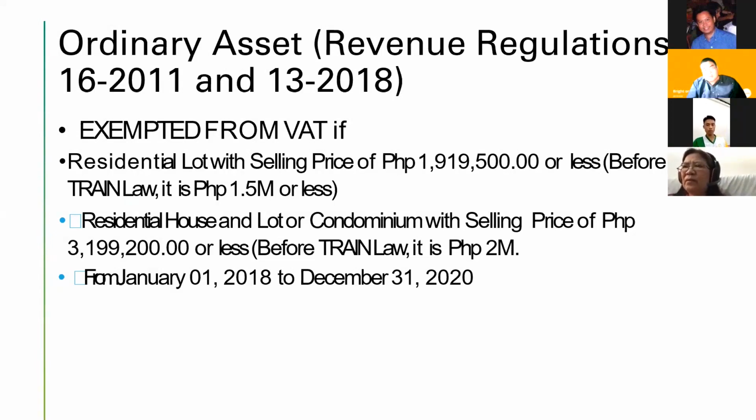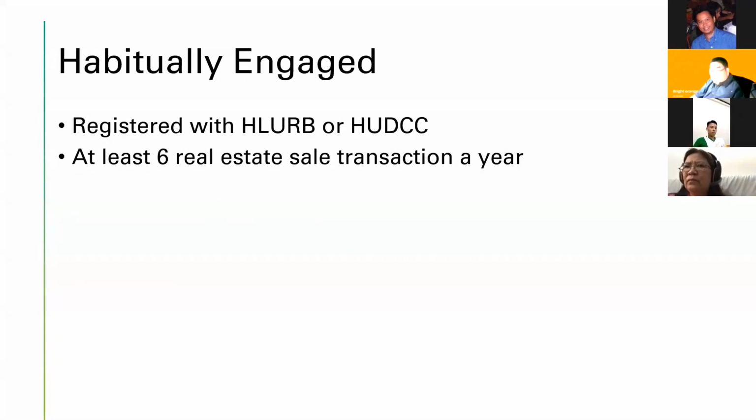And under January 2018 to December 31, ordinary asset will be classified if you are habitually engaged, which means you are registered with HLURB or HUDCC, or right now is known as DHSUD, and at least 6 real estate sale transactions a year.